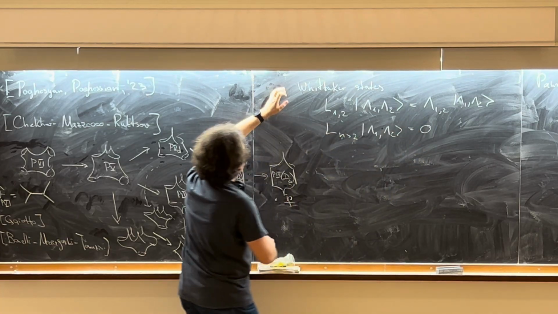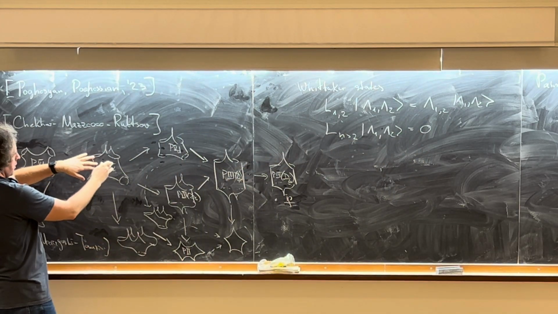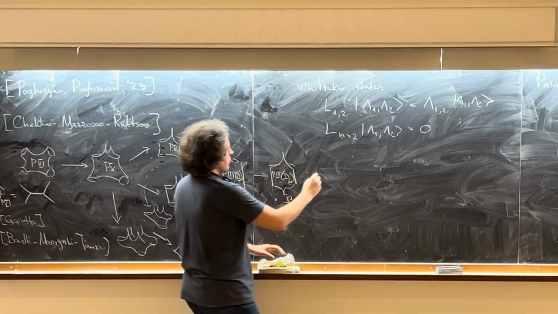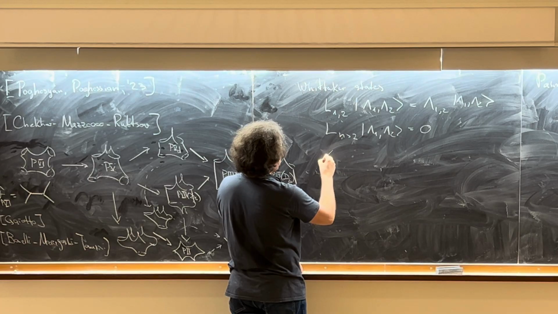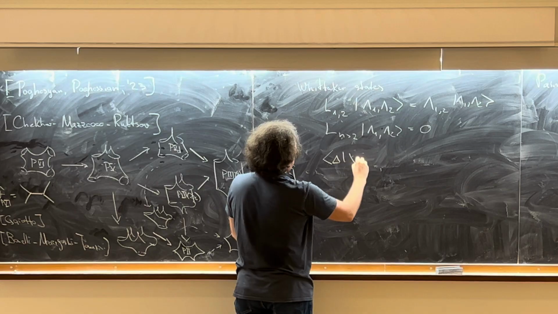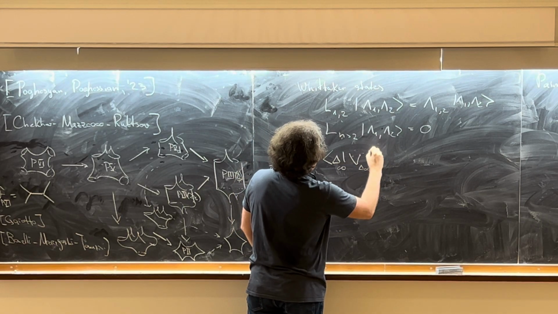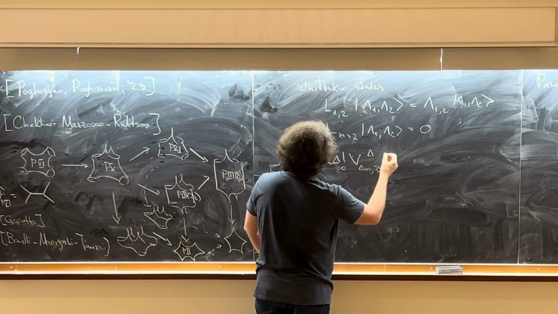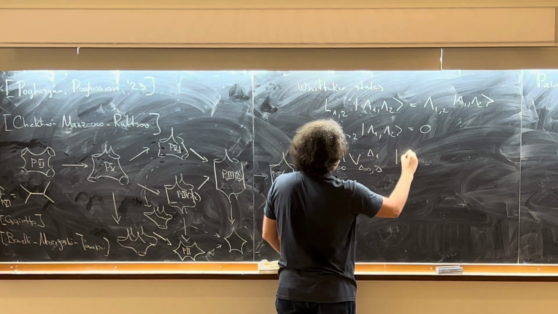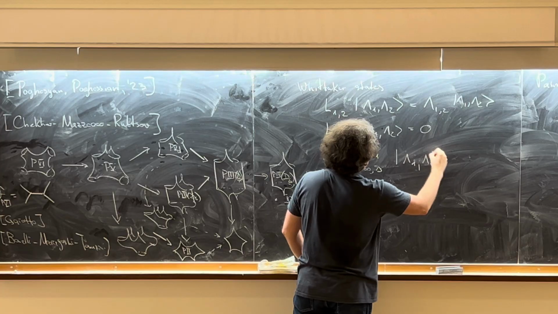Okay. So, for example, this conformal block over here will be something like, you have a vertex operator, delta 1, whatever, lambda 1, lambda 2.